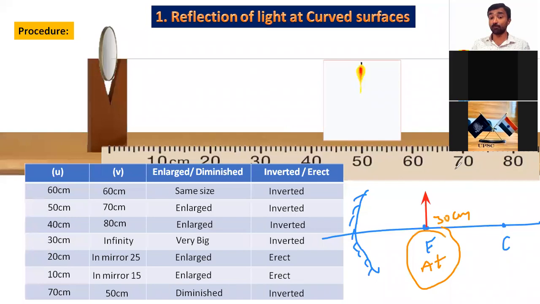So I am relating the positions of the object which we used in the lab activity. Next position is what? 20 centimeters, 10 centimeters. Anyone? Between pole and focus. So 10 centimeters and 20 centimeters are between the pole and the focus, right?